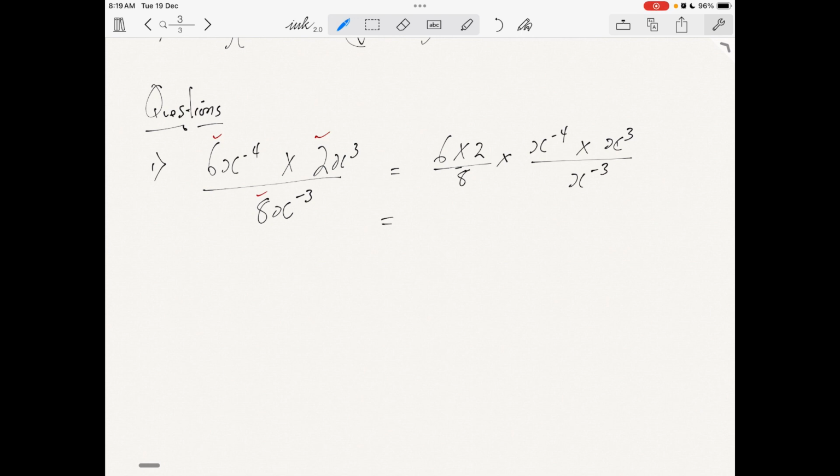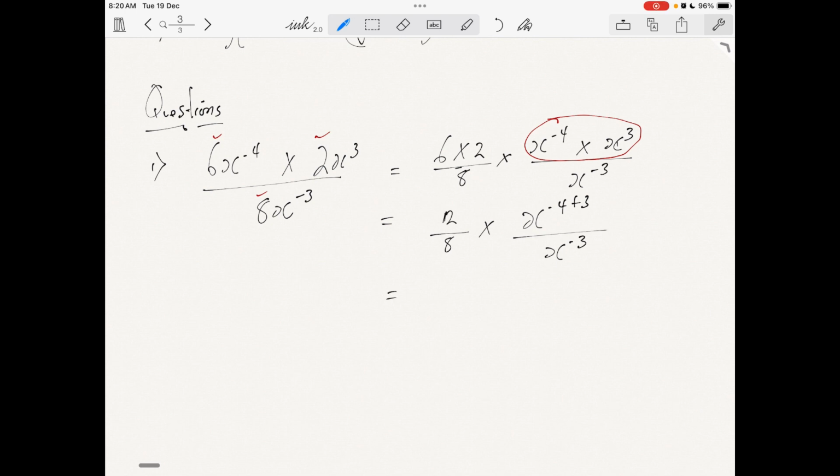Now this will give us 12 over 8, multiplied by, using this, we apply the first law. So we have x raised to the power minus 4. Since it is multiplication there, we have addition, plus 3, divided by x raised to the power minus 3.